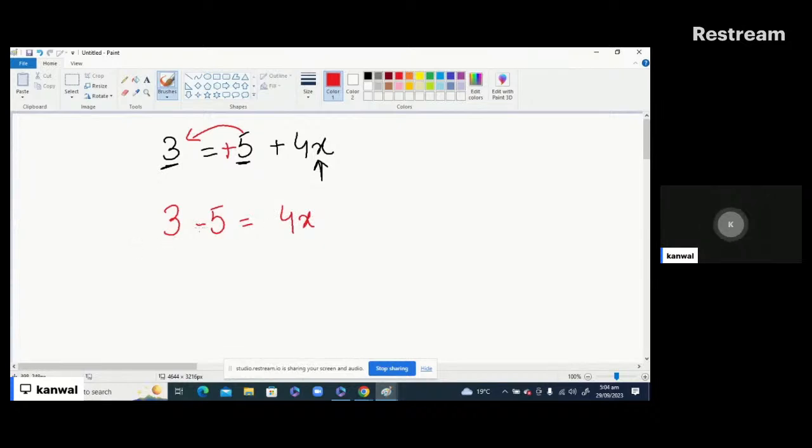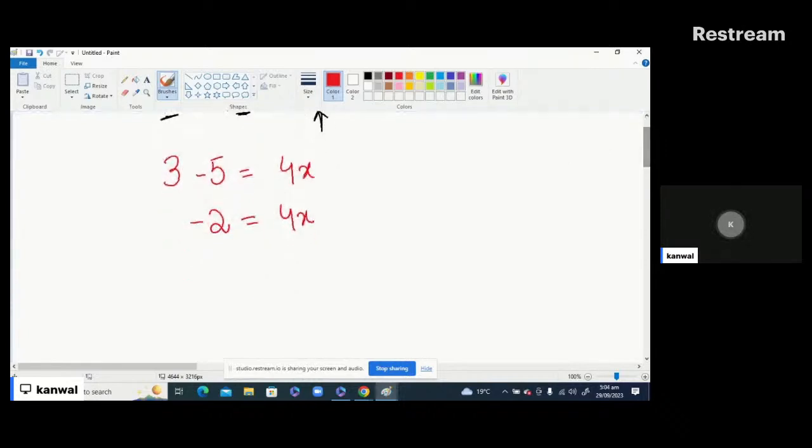So 3 minus 5, what's the answer? That is minus 2, which is equals to 4x. Now look at here, 4 is multiplied with that x, because we just separate out this x, we find out the value of this x.